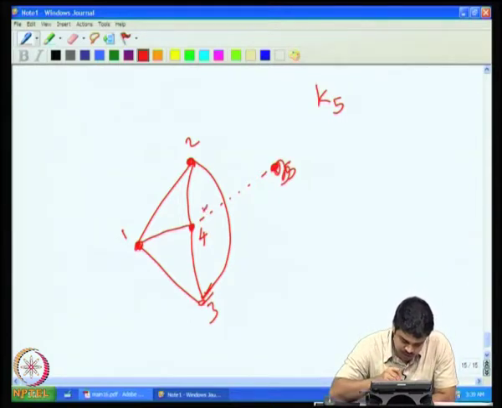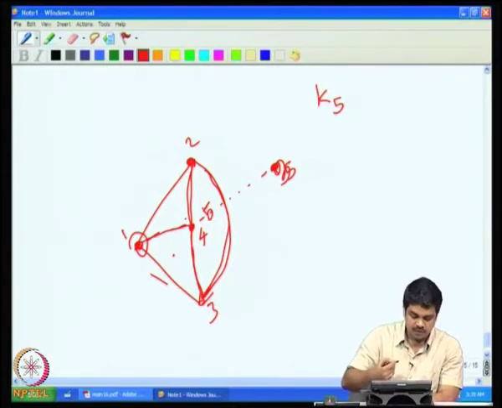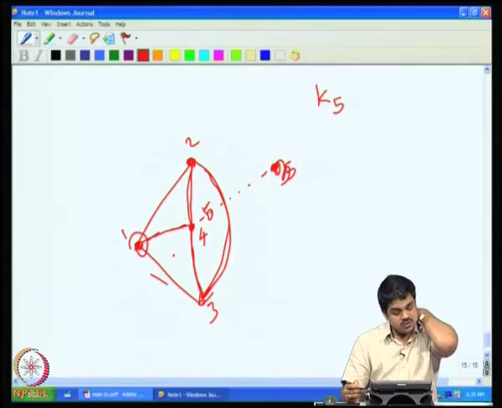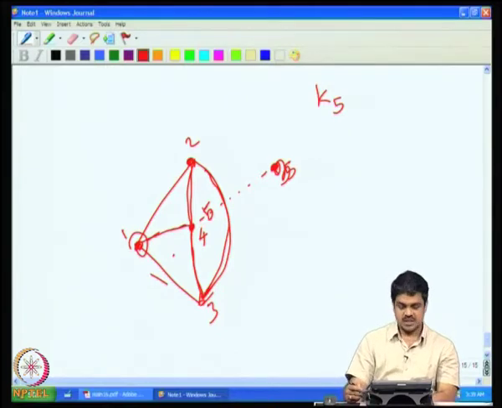For instance, if it is 5 here, then this 5 is enclosed by the 1 4 3 triangle, and then 2 is outside it. Similarly, if it is inside 1 2 4, then 3 is outside and 5 is inside. So every time you will have to cross the borders of a triangle if you are putting it inside this.